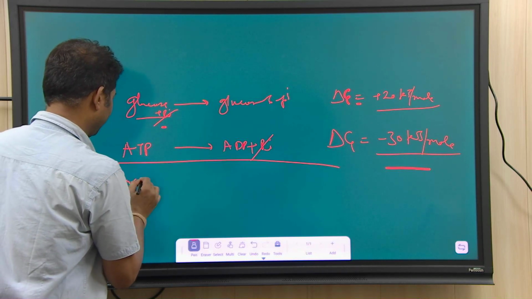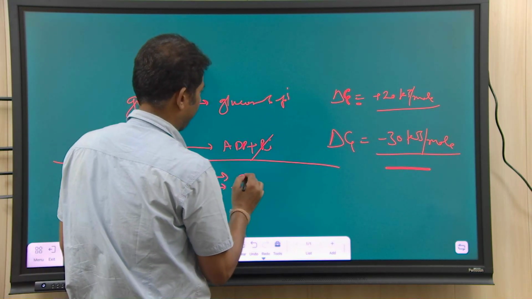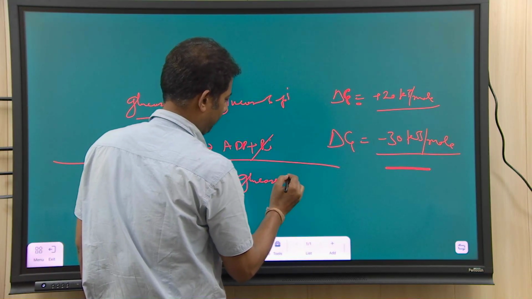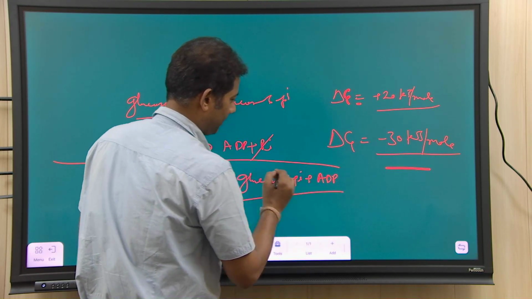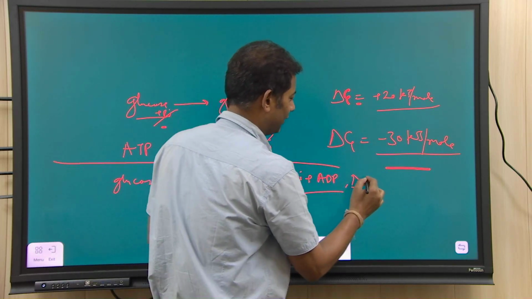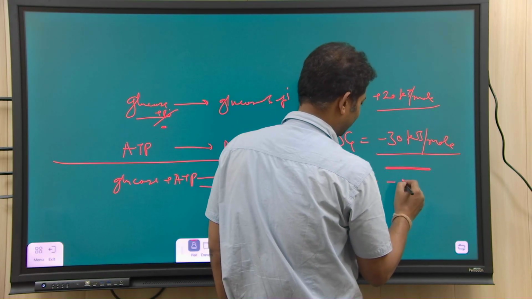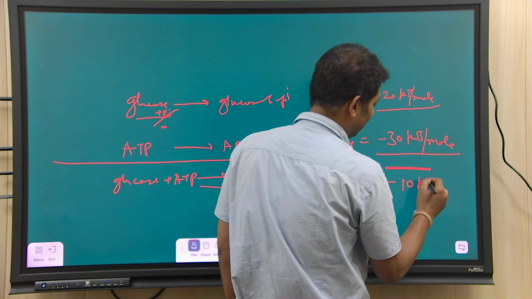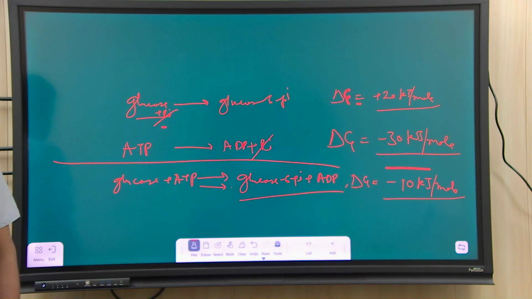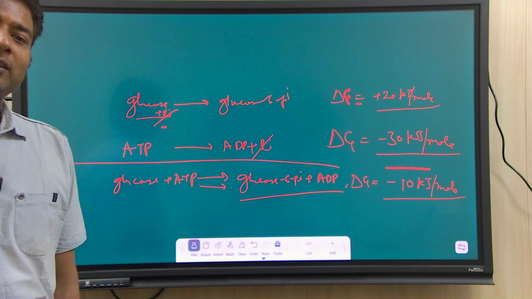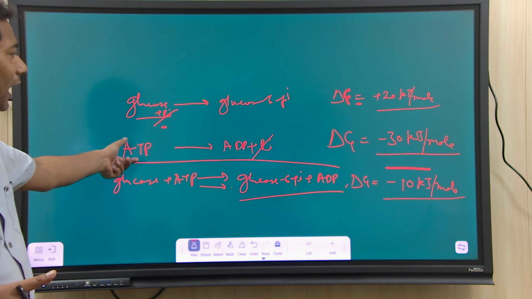And the new reaction is written as, and the delta G, by the simple law of Hess, you can calculate, is minus 10 kilojoule per mole. So this non-spontaneous reaction was made spontaneous in a living cell by just coupling it with a high energy phosphate hydrolysis reaction.